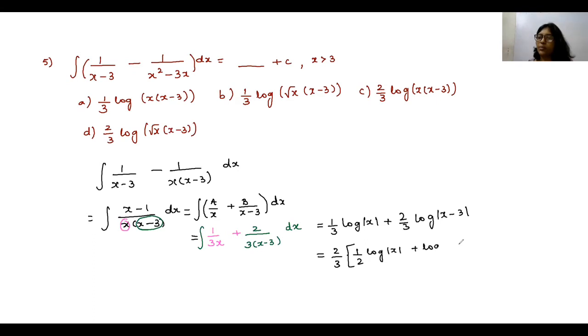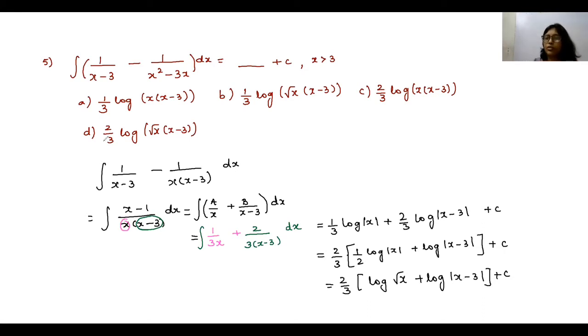In the next step, we can take this half as a power and it will become log root x plus log modulus x minus 3. And we know log a plus log b is log a into b. So 2 by 3 log root x into x minus 3.